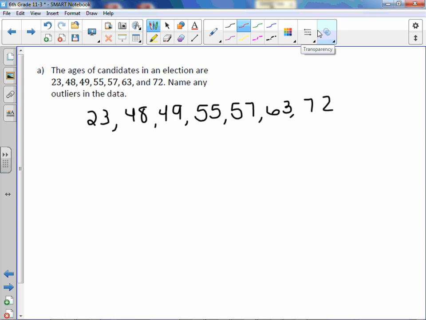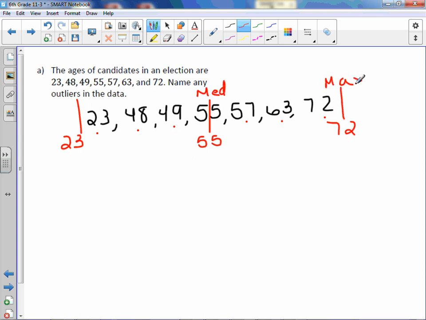Let's do our minimum and maximum, which is 23 and 72. Even though we don't need all of these numbers, it's great practice to help identify parts of the data. Let's find our middle value, our median, which is 55. And now what we really need are the quartile 1 and quartile 3.